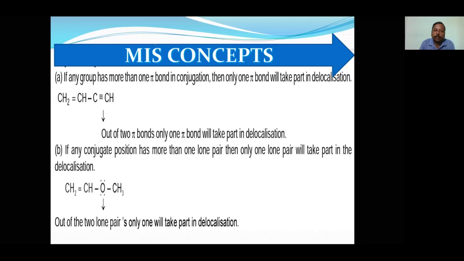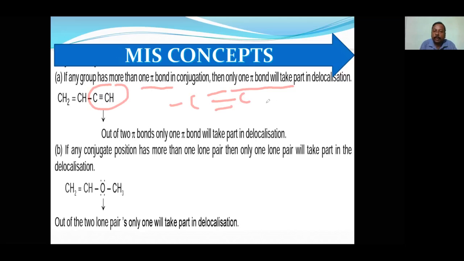So I have collected the misconceptions by the students. First, if any group has more than one pi bond, like here two pi bonds are there, only one pi bond will take place in the delocalization. Here I am talking about this carbon and carbon. The sigma bond is okay, but this pi bond.